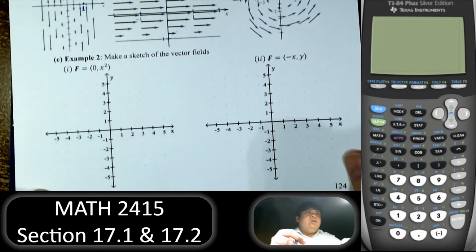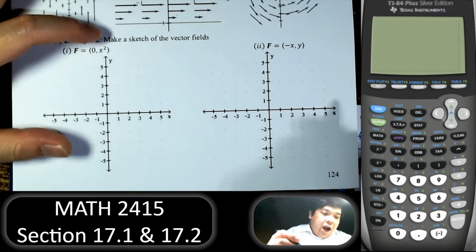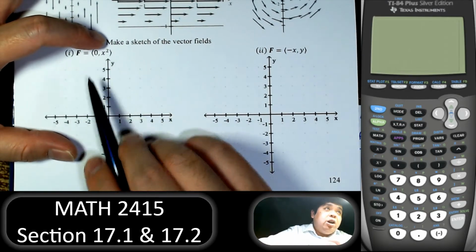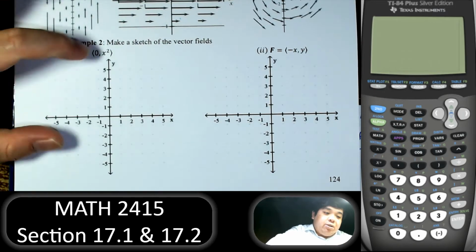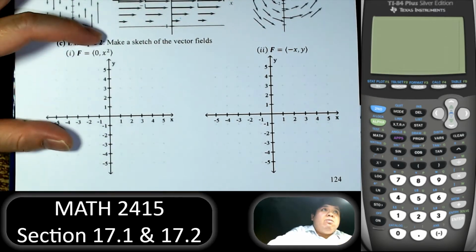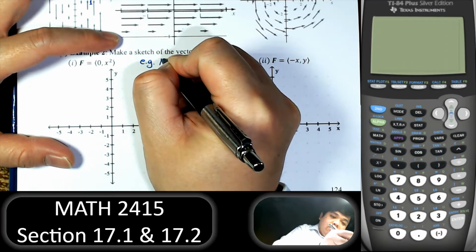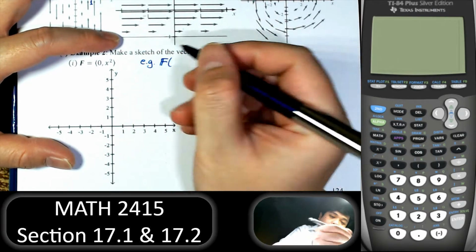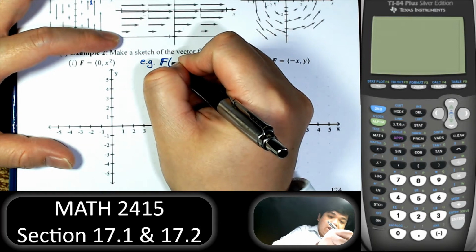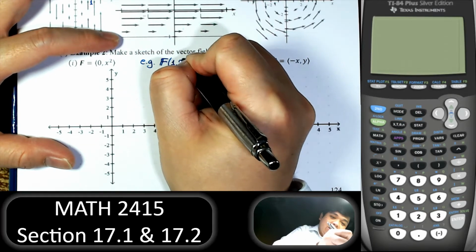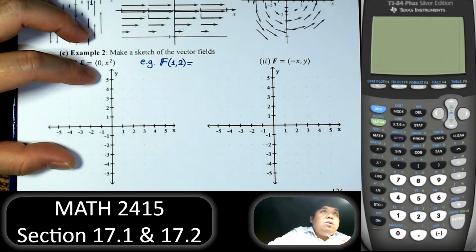Now, let's take a look at a vector field example. Make a sketch of the vector field for this vector field. Let's evaluate the vector field at the point, say (1, 2).